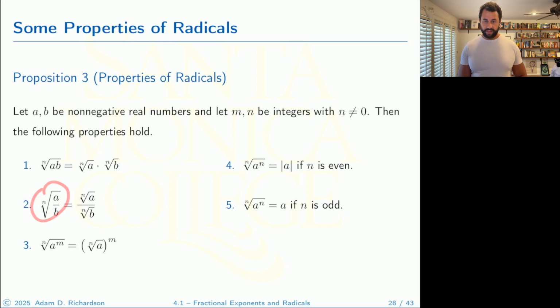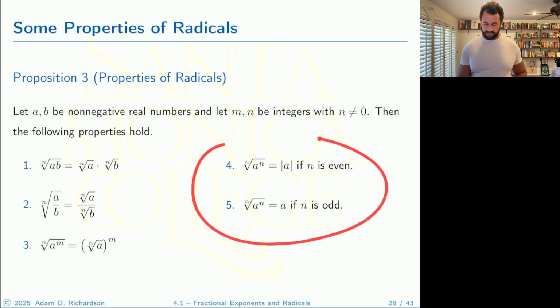The nth root of a over b is the nth root of a over the nth root of b. And then this, we can basically move things around a little bit. So the nth root of a to the m is equal to the nth root of a, to the m, kind of reassociating there.